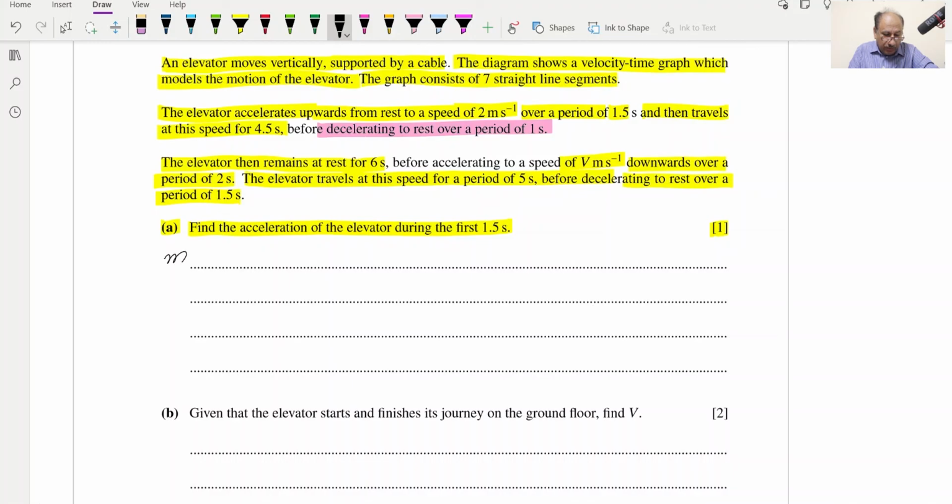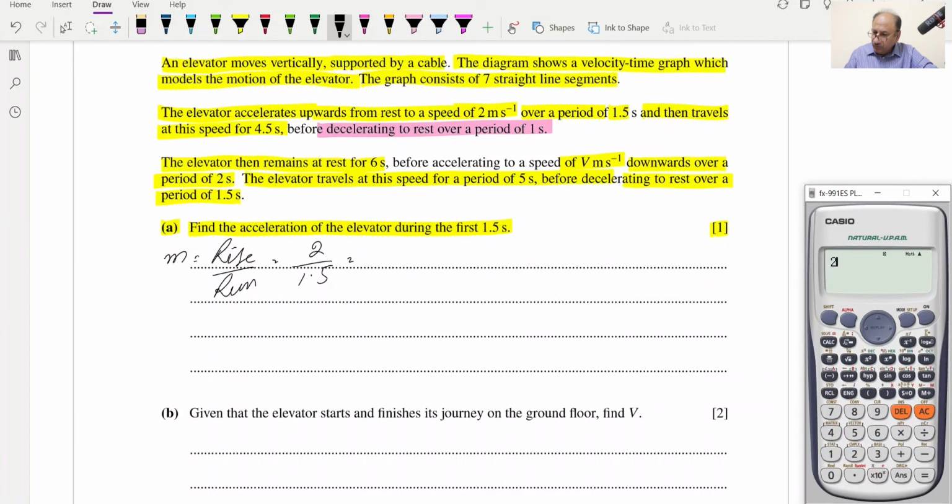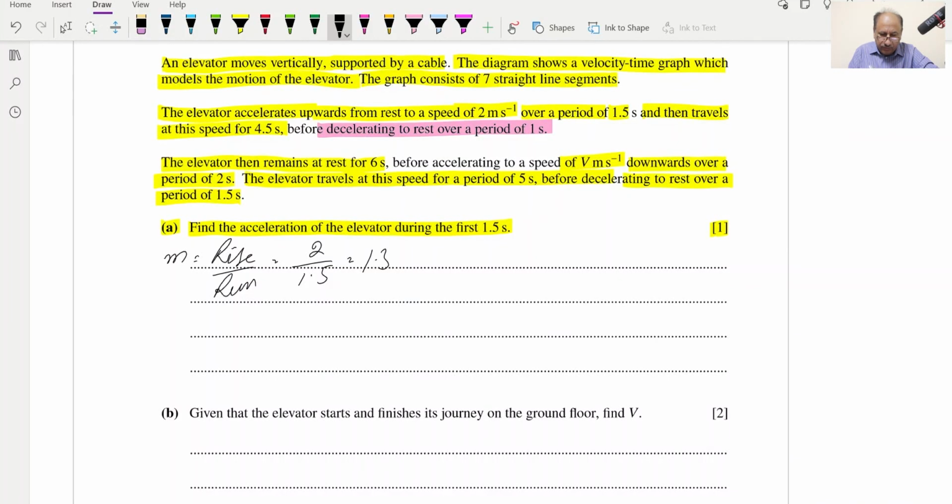So m, or slope or gradient, will be equal to rise over run, and we can write it as 2 over 1.5, and this will be equal to 4 by 3, or the decimal value 1.33 recurring, 1.33 meters per second square, because this is acceleration. So this will be our answer.